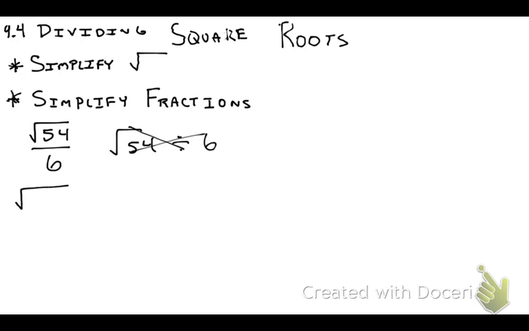Well, we know that 54 is 9 times 6. We're not doing anything with the denominator. And we know the square root of 9 is 3, so this becomes 3 root 6 all over 6. So now we have some numbers that are inside the square root and some numbers that are outside the square root. And we want to focus right now on the things that are outside, specifically this fraction, 3 over 6.